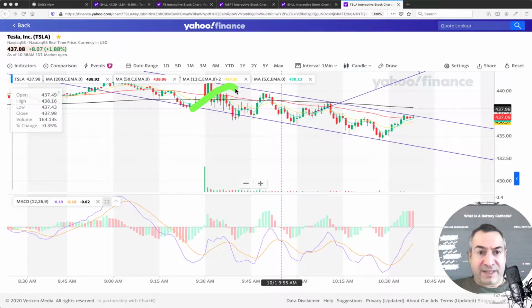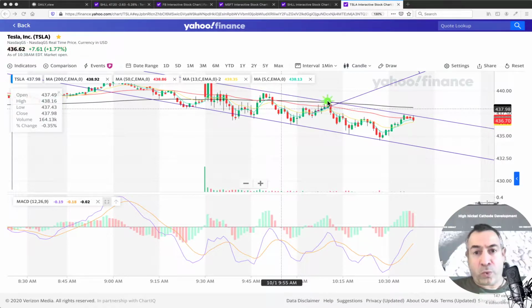Basically it's moving in between these. If you think about it, the profit that you could make by buying it at this precise moment and then selling it at this precise moment, the percentage increase is so little, and every time it's going down. So you have lower highs and lower lows.